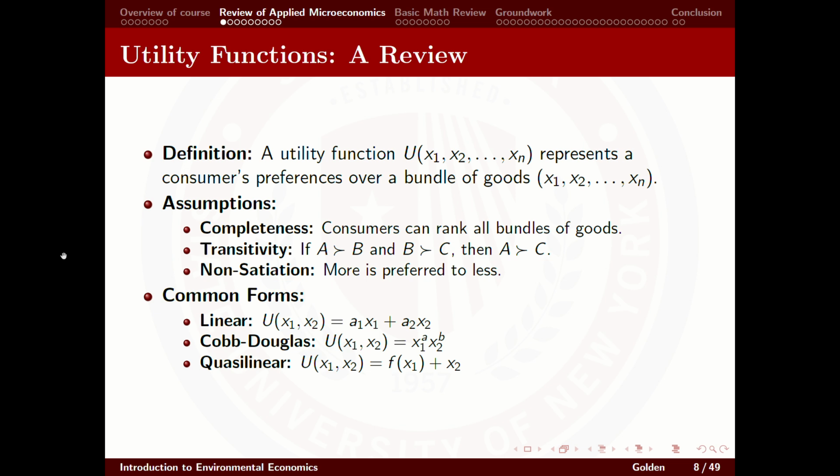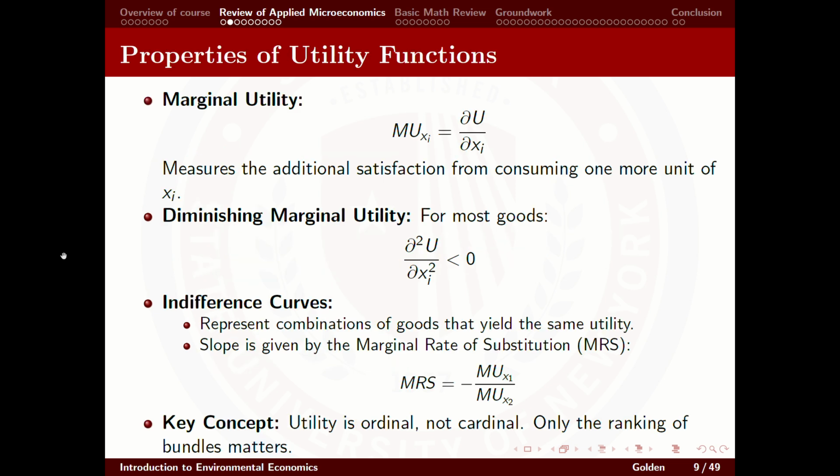Some common forms: there's the linear utility, the Cobb-Douglas, which is just two goods multiplied together with some exponents, and then there's the quasi-linear. Some properties of the utility function: marginal utility is the derivative of utility with respect to the consumable good. This is how much additional satisfaction you get from one more marginal unit of the good.